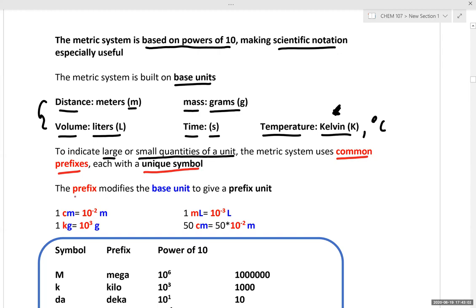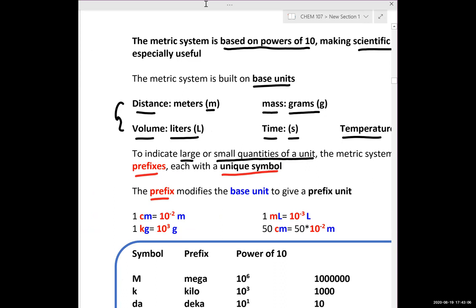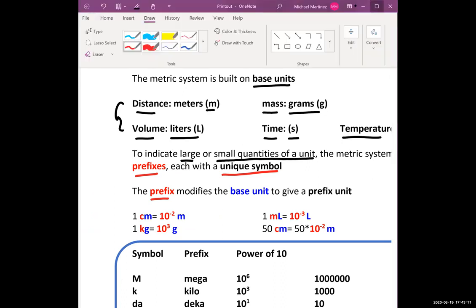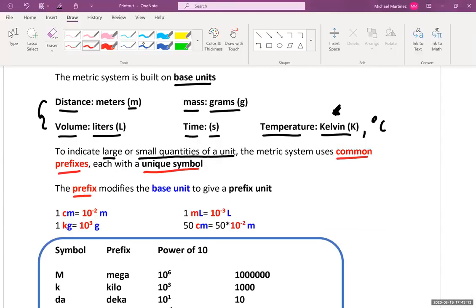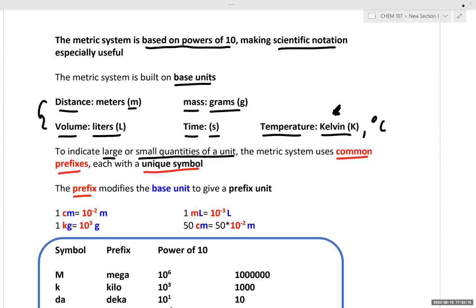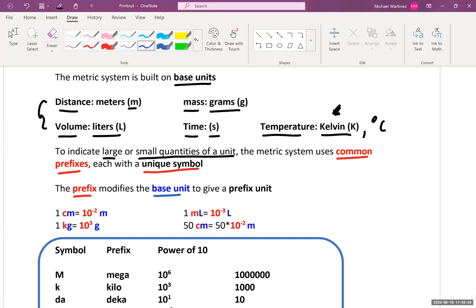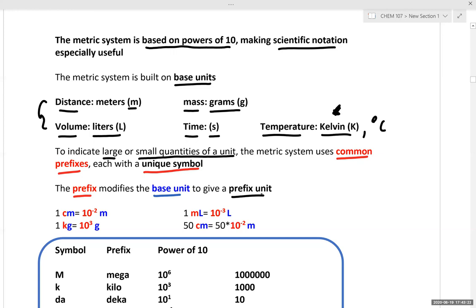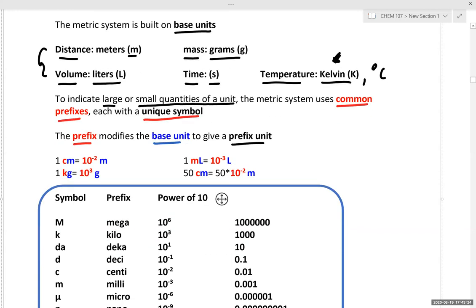Now the prefix modifies our base unit in order to generate what is known as a prefix unit. So let's show an example of this process. So for example, a centimeter, we have a prefix modifying our base unit to give a prefix unit.